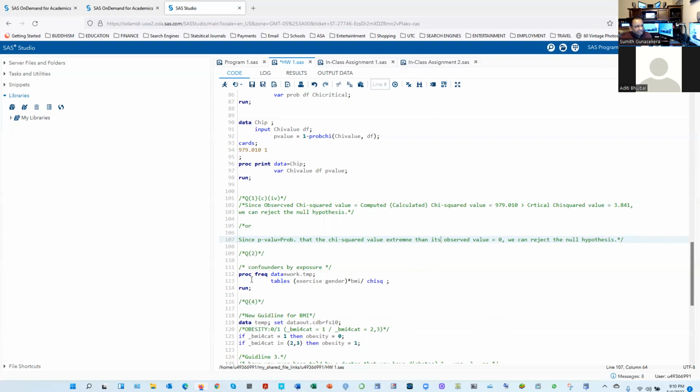See, we can reject that now. That means there's an association between those two. That's the same discussion we built up.